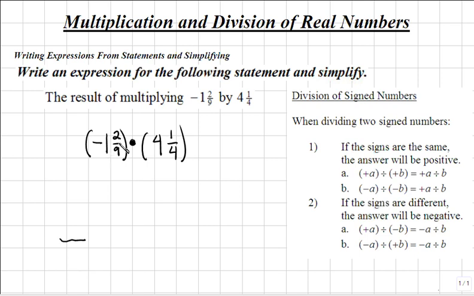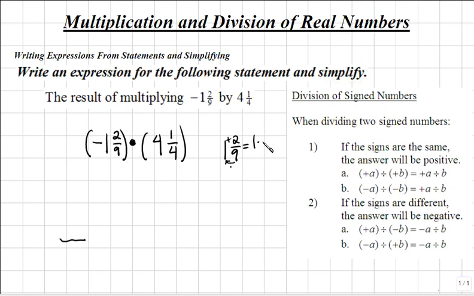Next, let's interpret how to multiply our fractions. So to multiply two mixed numbers, we'll first write these as improper fractions, cancel where we can, and then multiply numerators and denominators to write an improper fraction and write our result finally as a mixed number. So to convert the number 1 and 2/9 to an improper fraction, we'll first multiply 9 times 1, then add 2 to that result over the common denominator of 9.